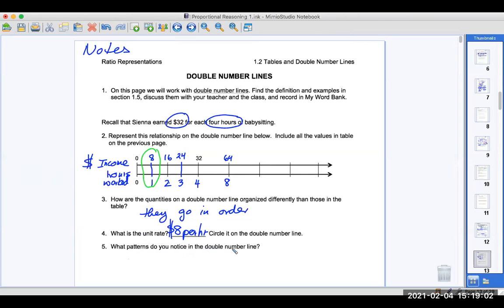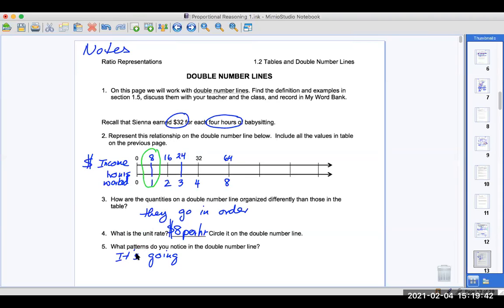What patterns do you notice in the double number line? It looks like everything gets doubled on my numbers, 8, 16, 24. No, wait, not doubled. It goes up by 8: 8, 16, 24, 32, yep. It's going up by 8. So it's all multiples of 8 up here. Every hour she works, $8 more.